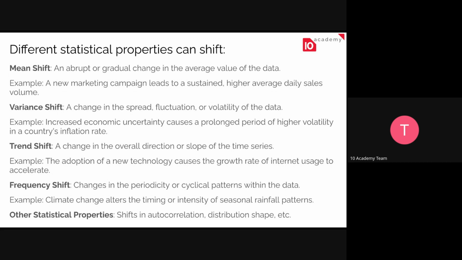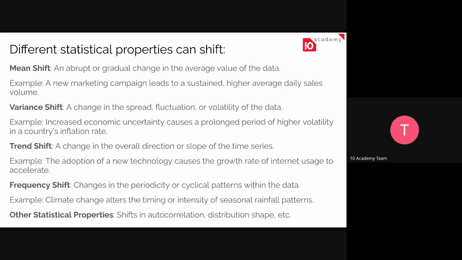And frequency changes, so changing predictable or cyclic patterns. Cyclic patterns are short-term, right? Trends are for the long term, but cyclic patterns are more short term. I think we saw in the last section the sales of sweaters. We can see it as cyclic or a frequency shift, because when it's winter, sales could go up, but for other seasons, they could go down.